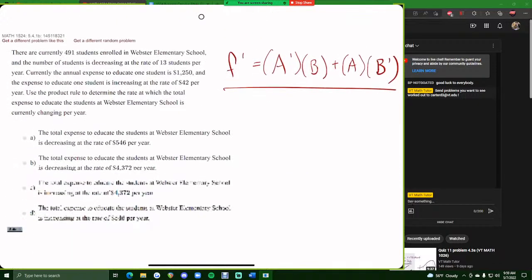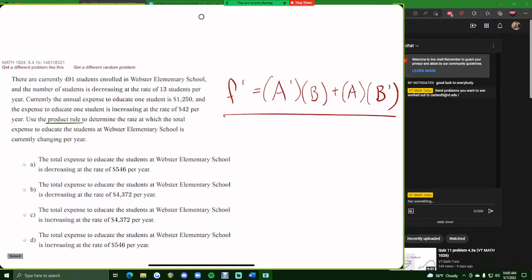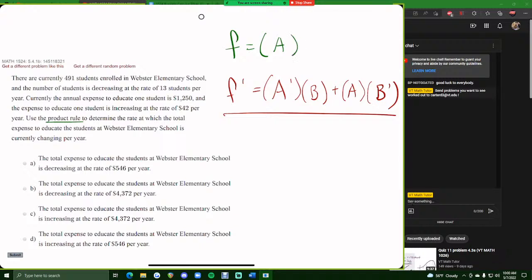Let's keep it rolling. Great problem here because technically it's a word problem, but it's very easy. It asks us to use the product rule to determine the rate, yada yada yada. Product rule is the idea that when we have a function that can be expressed as the product of 2 x terms, we can find its derivative by using this formula, a prime times b plus a times b prime.